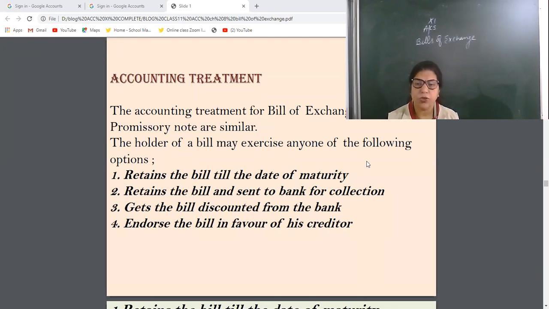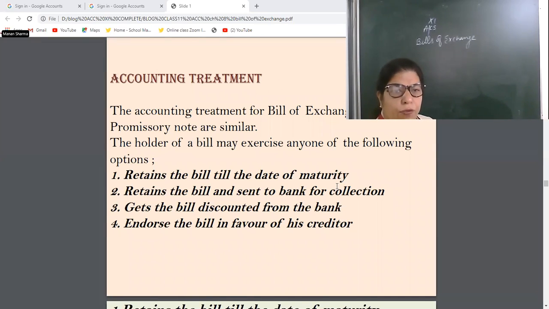You cannot change the amount in words or in numbers. You cannot change the date of expiry, meaning the payment date or maturity date. You cannot change the date of writing, meaning the date when the bill is issued. So this is the rule. You cannot change it, but you can transfer it. The transfer is known as endorsement.